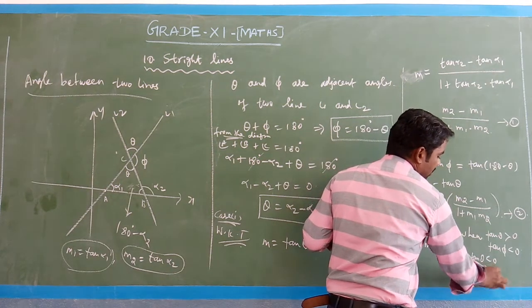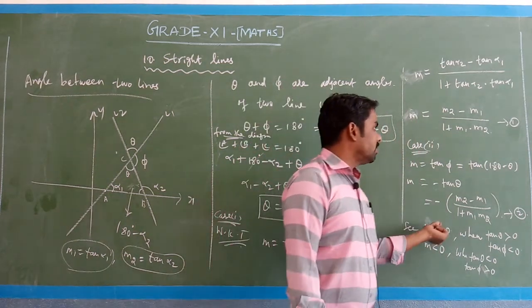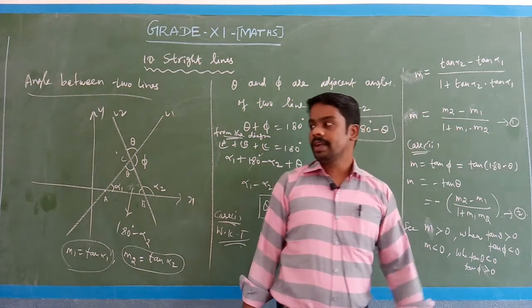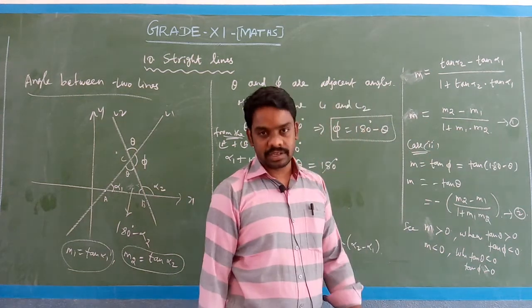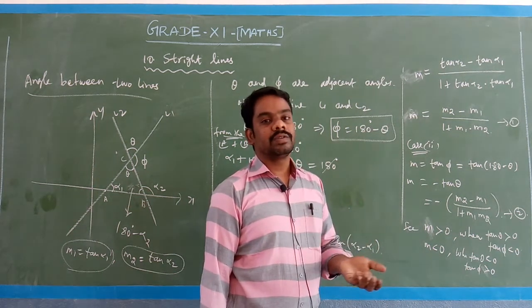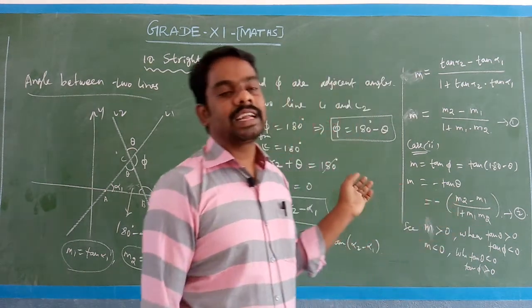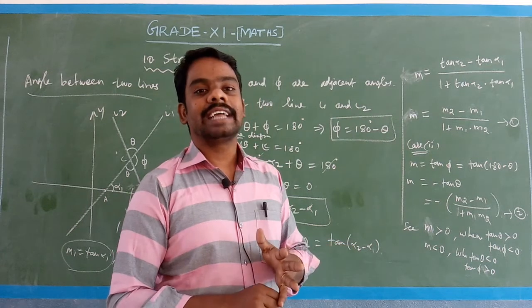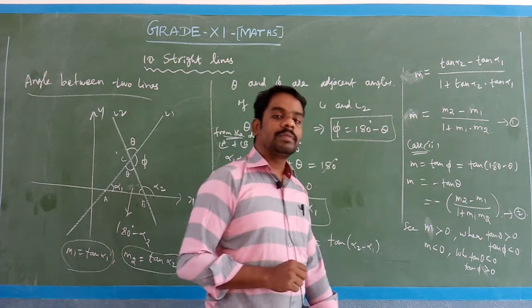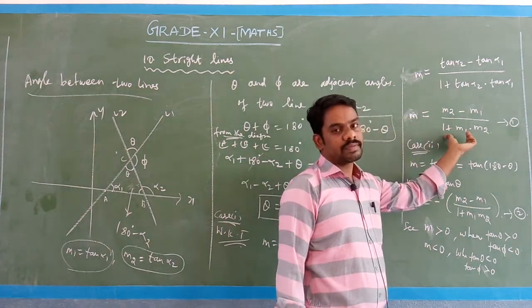The value of the slope of the line is positive, and m2 minus m1 divided by 1 plus m1 into m2 is positive. When tan theta is positive and tan pi is negative, that is theta is acute and pi is obtuse, then the slope of the line is positive.